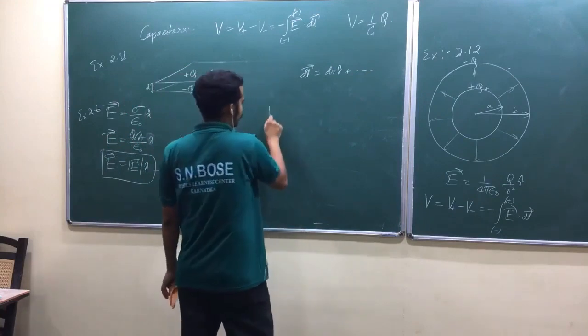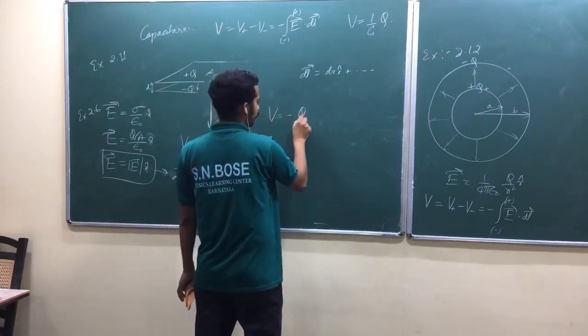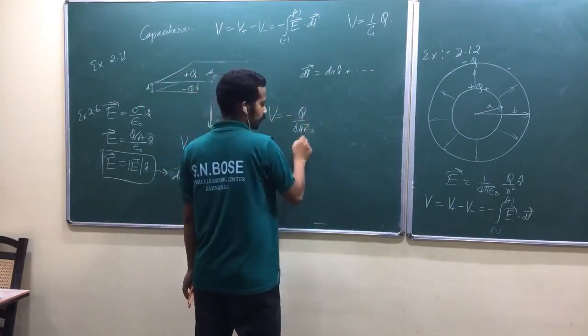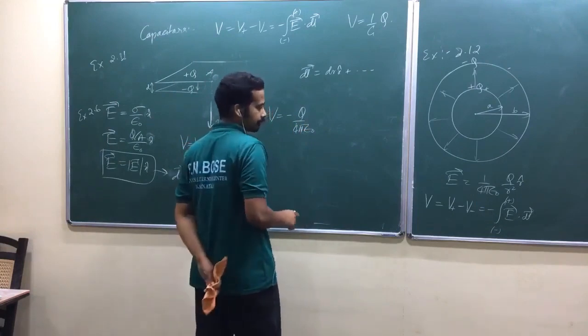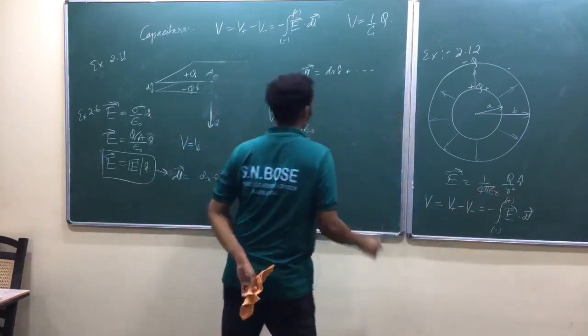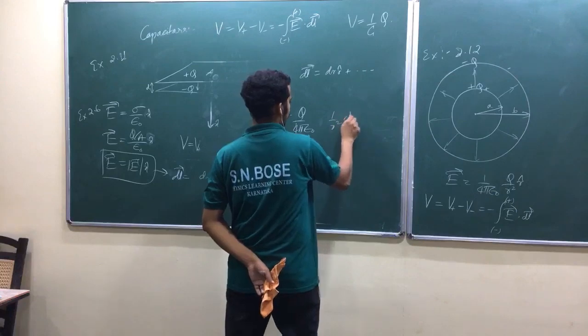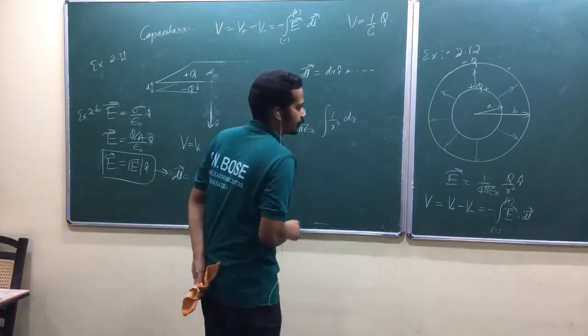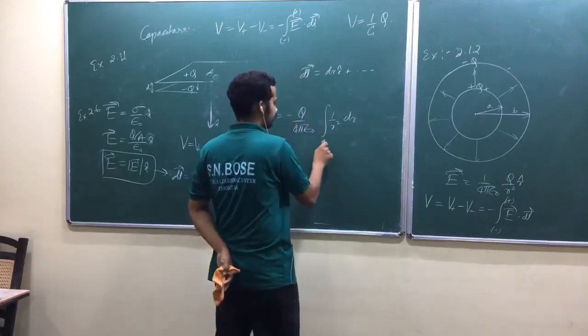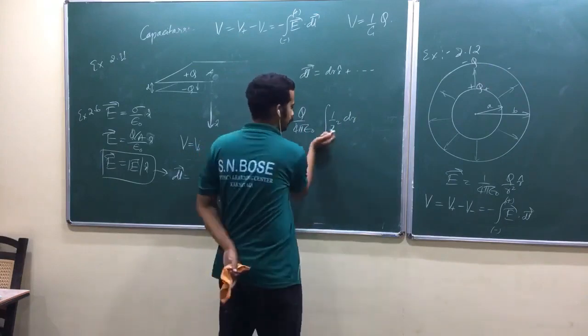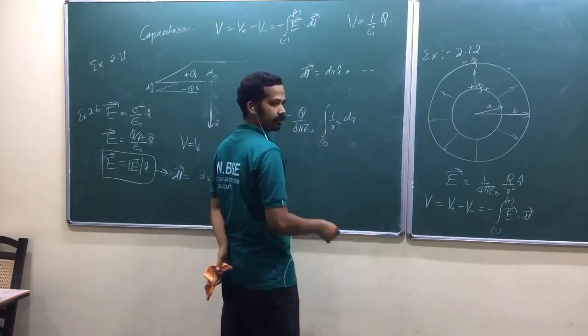When I take this one, V is equal to minus Q by 4 pi epsilon naught, 1 by R square, from negative plate to positive plate. When you are at negative plate, what is your radius? B. B is the negative plate, am I right?